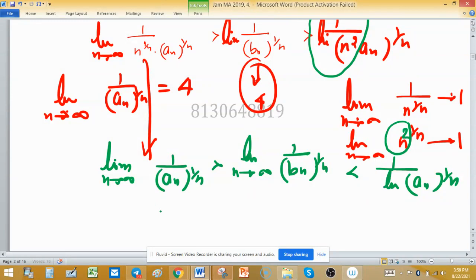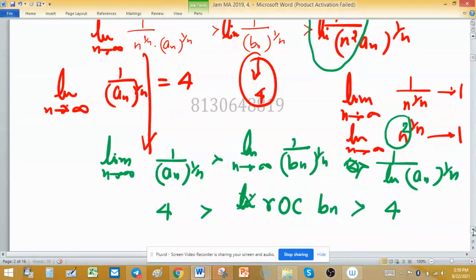And we know that this limit is given to us as 4. So 4 is greater than the limit, or I can say the radius of convergence ROC of Bn, and this is the sign of inequality, and this one was greater than. So 4 is greater than radius of convergence of Bn greater than radius of convergence of An, and this is 4.